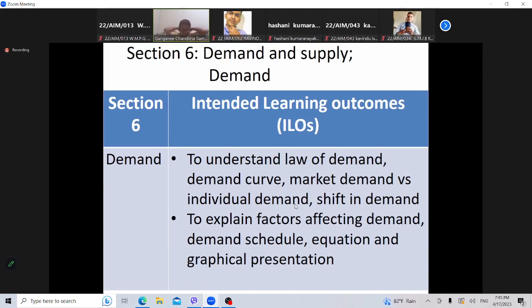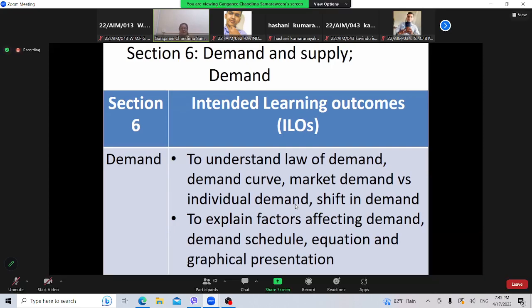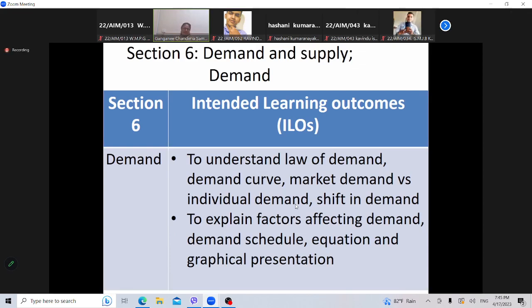For any case, many factors affect the demand. So you need to understand these factors, and what is a demand schedule and demand equation, and how to present it graphically. Let's see these all in the next hours.